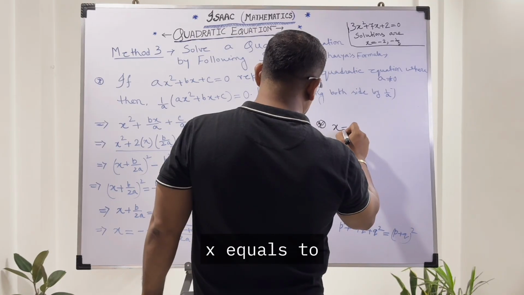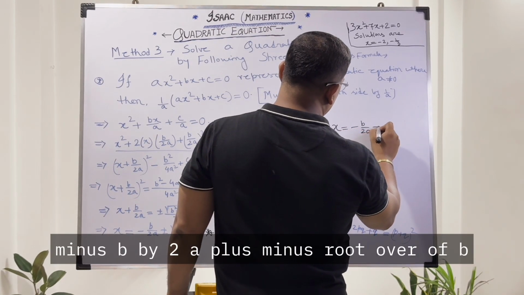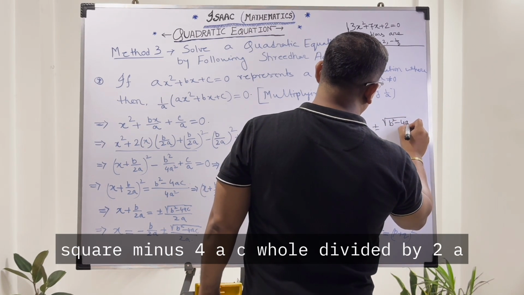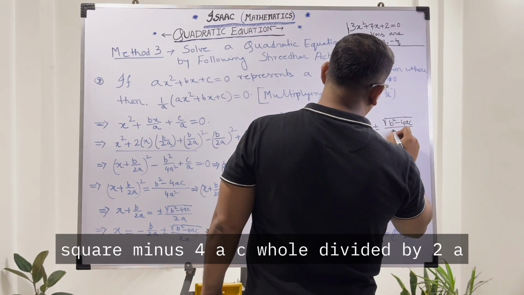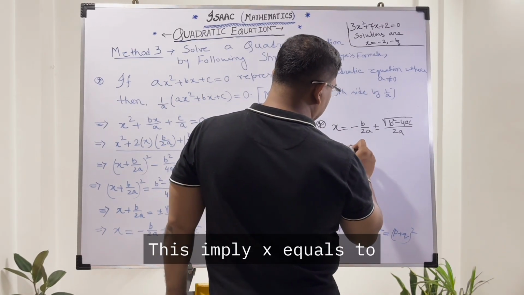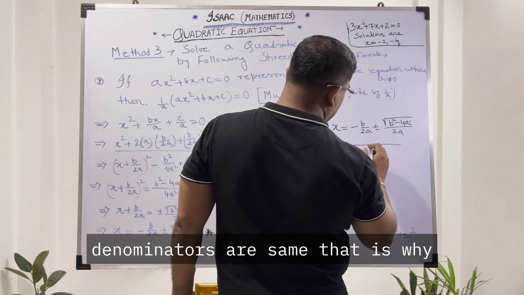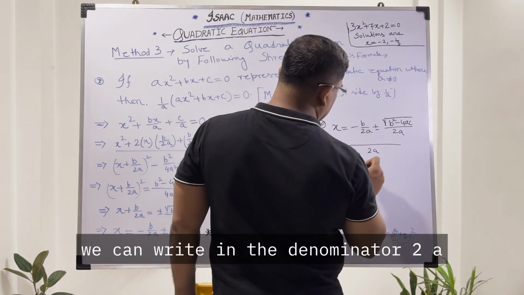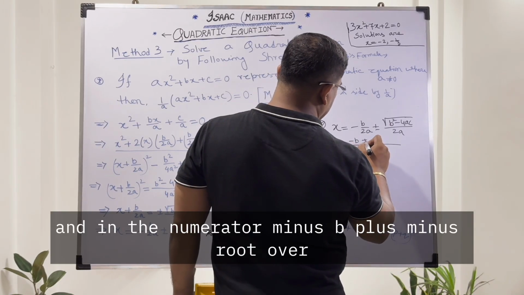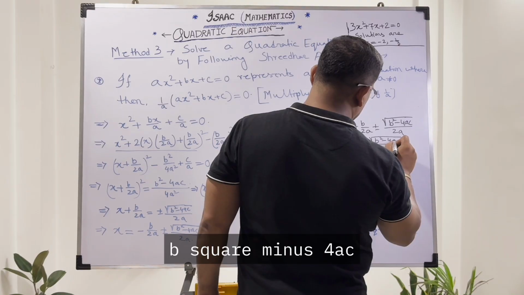So x equals to minus b by 2a plus minus root over of b square minus 4ac whole divided by 2a. This implies x equals to, denominators are same, that is why we can write in the denominator 2a and in the numerator minus b plus minus root over of b square minus 4ac.